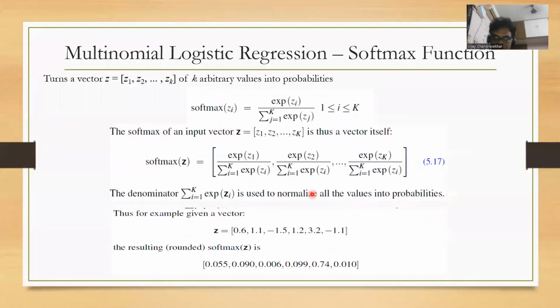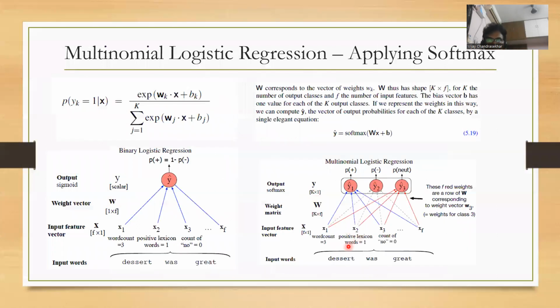So assuming I have the weights with me, I have the x with me, then I can apply the softmax function to figure out the probability of this data, dessert was great, conveying a positive sentiment or a negative sentiment or a neutral sentiment.